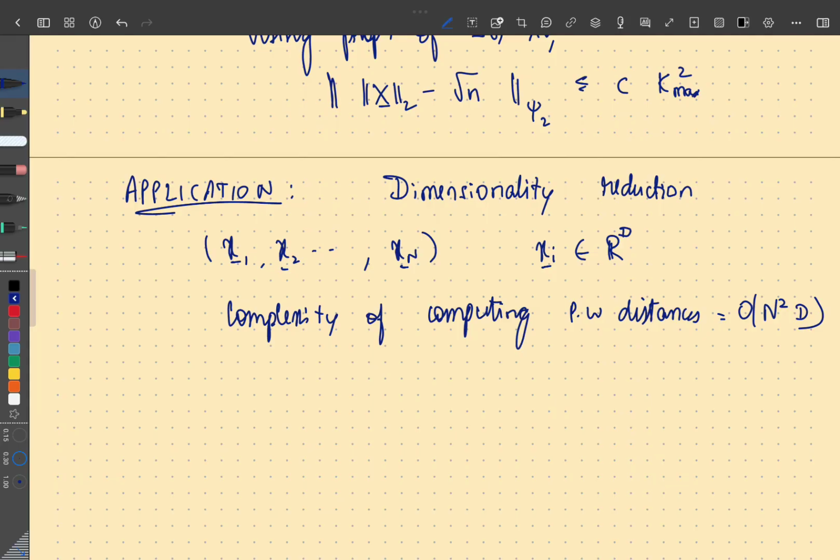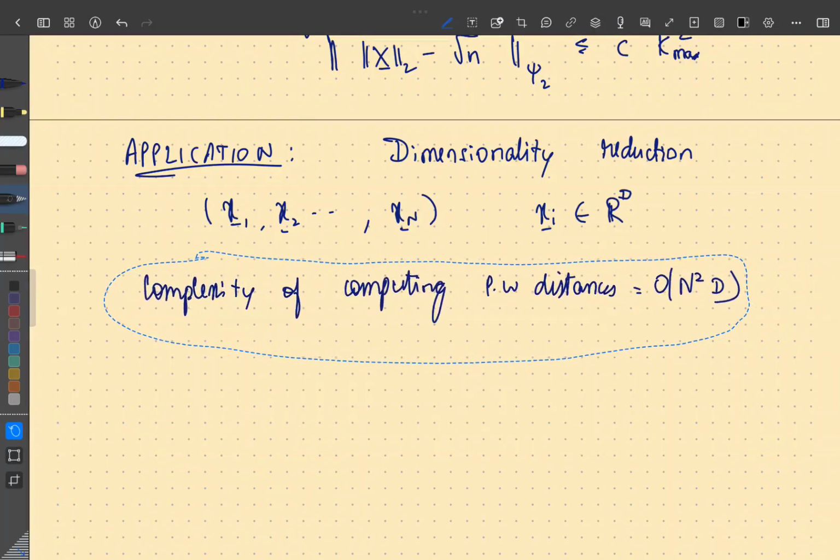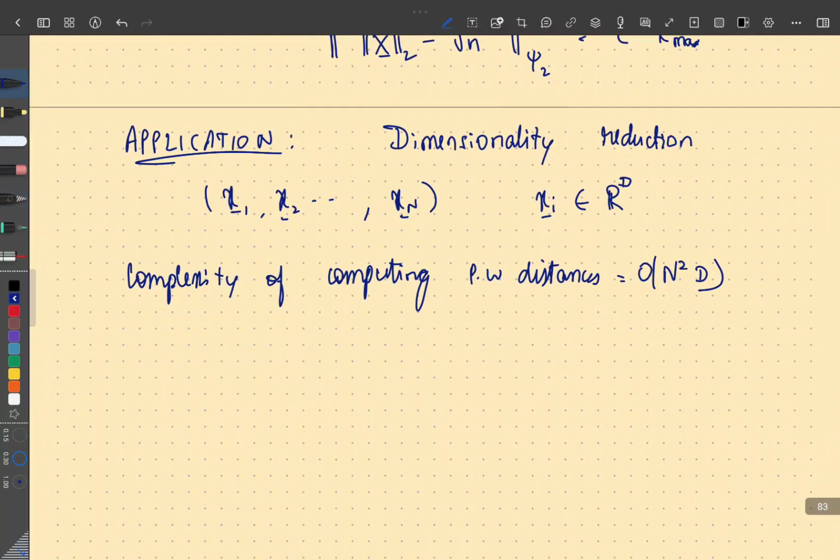My goal is to somehow reduce this complexity. How I'll try to do that is by first bringing these xi's down to a lower dimensional space, and then doing k-means clustering, or whatever, on this lower dimensional space.